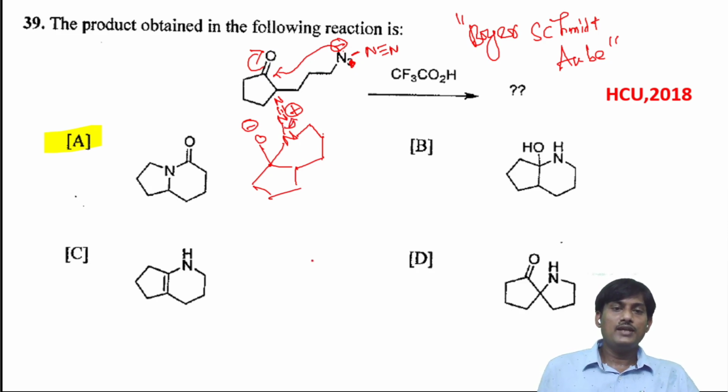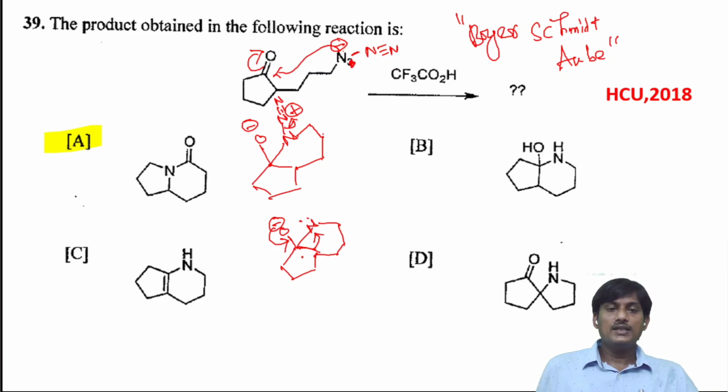After that, there is a removal of nitrogen, so we will get O minus here, and here there is a nitrogen, 1, 2, 3 carbons are there, and when these electrons come like this, these electrons move towards the electron-deficient nitrogen, and here there is a ring expansion.